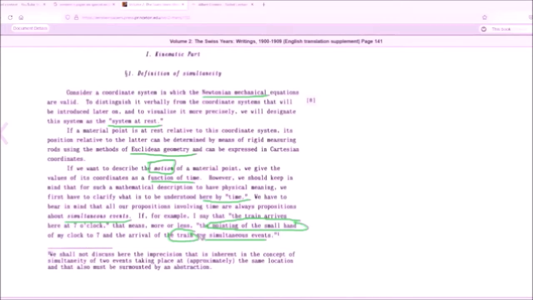So the speed of light has to make these two events simultaneous. We shall not discuss here the imprecision that is inherent in the concept of simultaneity of two events taking place at approximately the same location, and that also must be surmounted by abstraction.